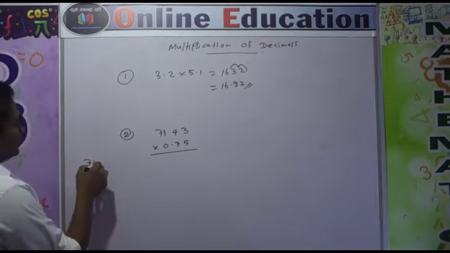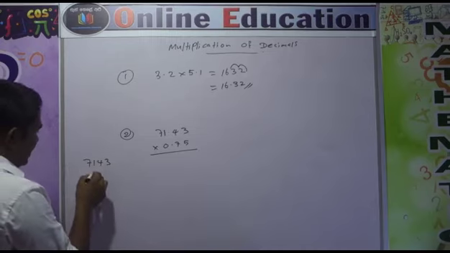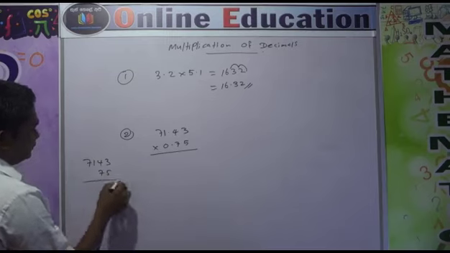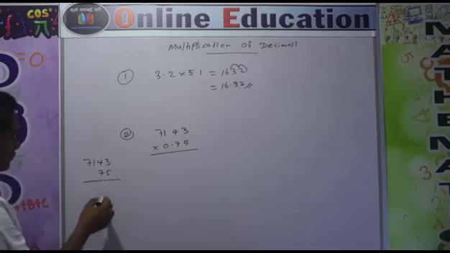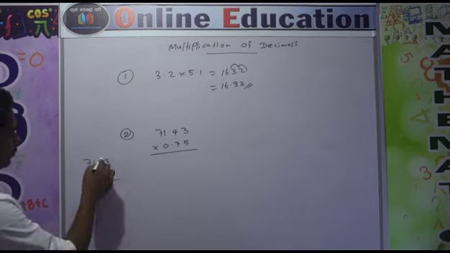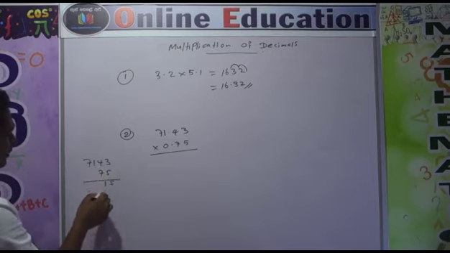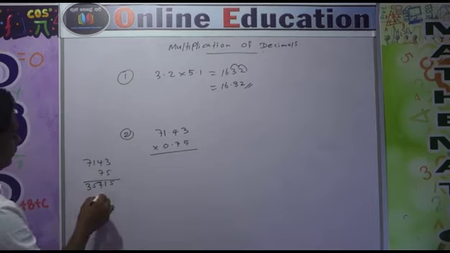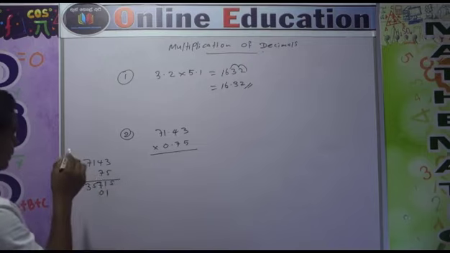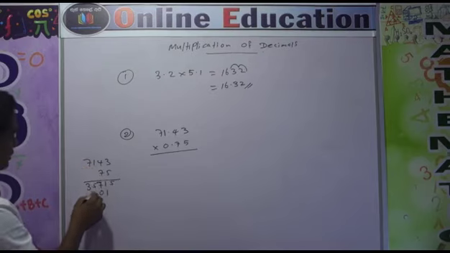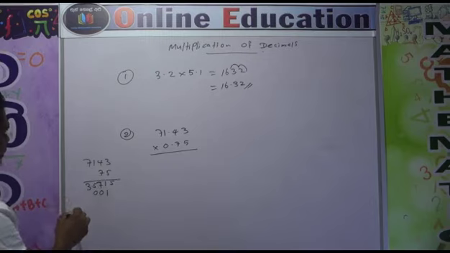Okay, forget decimals. 5 into 3, 15, 5 remainder 1. 5 into 4, 20, plus remainder 1, 21, remainder 2. 5 into 1, 5, plus remainder 2, 7. 5 into 7, 35. 7 into 3, 21, 1 remainder 2. 7 into 4, 28, plus 2, 30, remainder 3. 7 into 1, 7 plus 3, 10, 0, remainder 1. 7 into 7, 49 plus 1, 50.